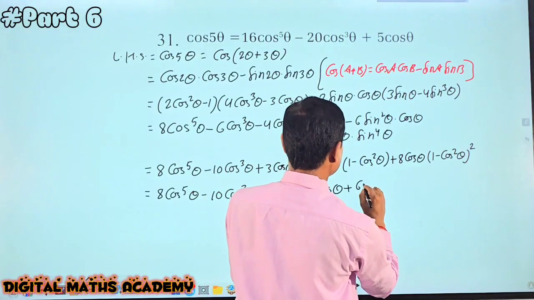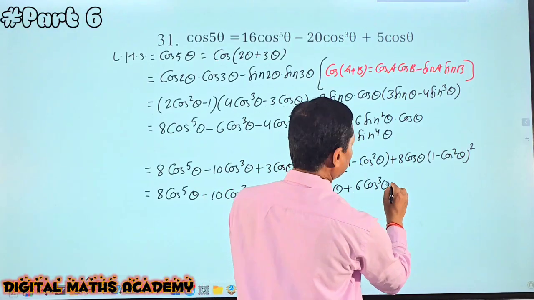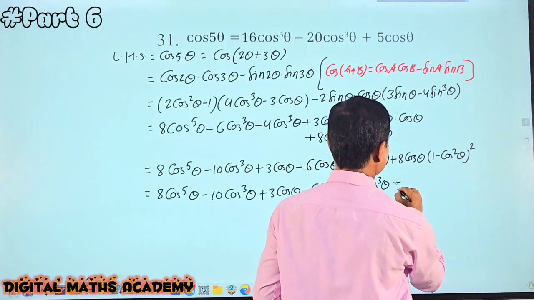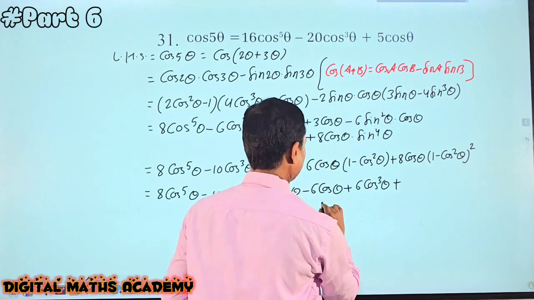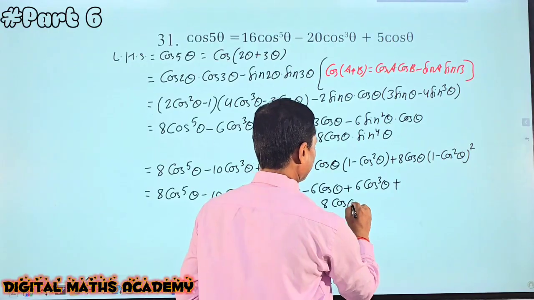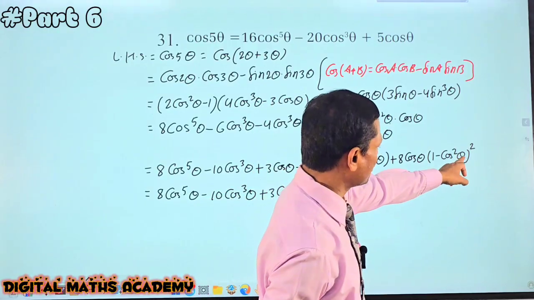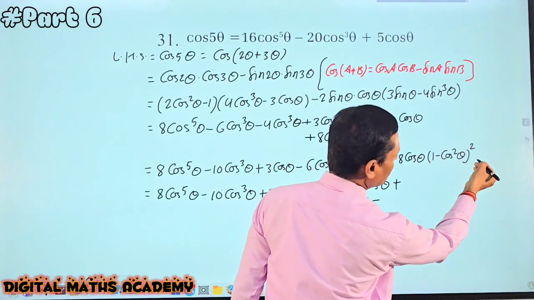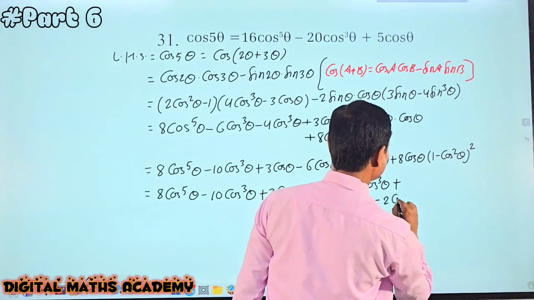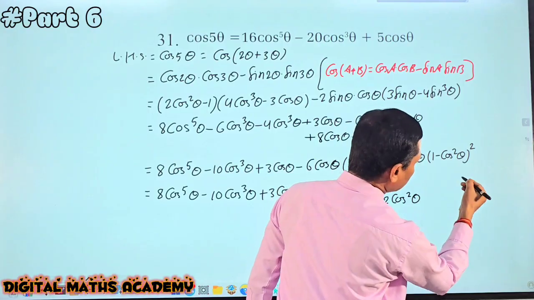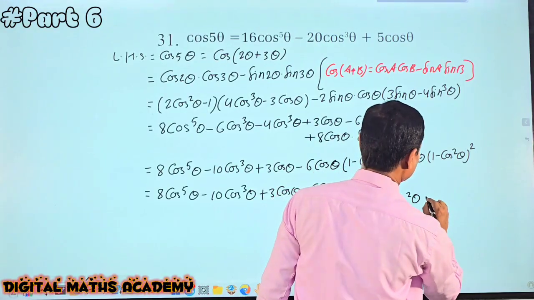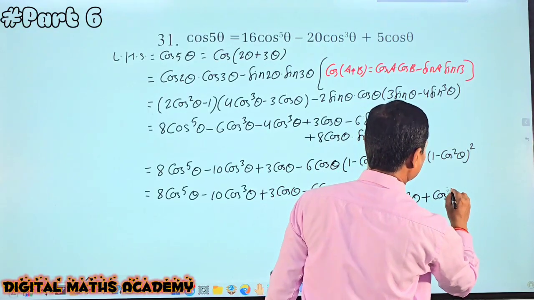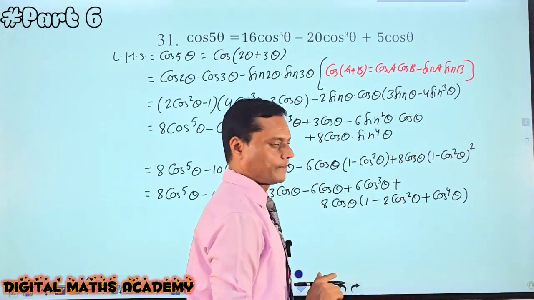We can get here 6 cos to the power 3 theta and here plus 8 cos theta. 8 cos theta and (a minus b) whole square formula, isn't it? So 1 square means 1, minus 2 into 1 into cos square theta means 2 cos square theta, and b square means cos square theta whole square, that gives us cos to the power 4 theta. Clearly? Isn't it?